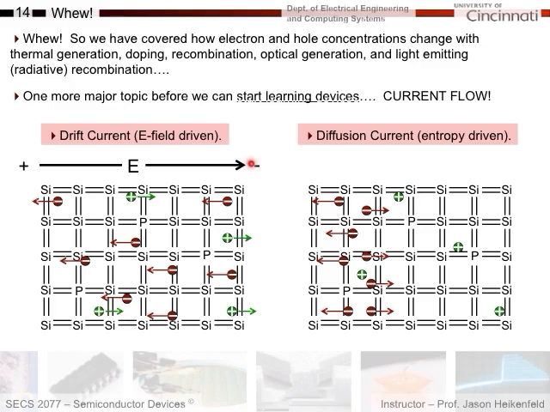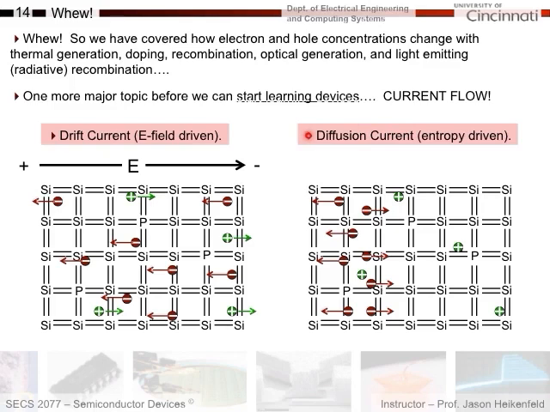It's very simple, and you're very familiar with this because this is how you've understood electronics for a long time. Now, what's interesting about semiconductor devices is that drift current's important, but equally and more important for many devices is diffusion current, which has nothing to do with E field.